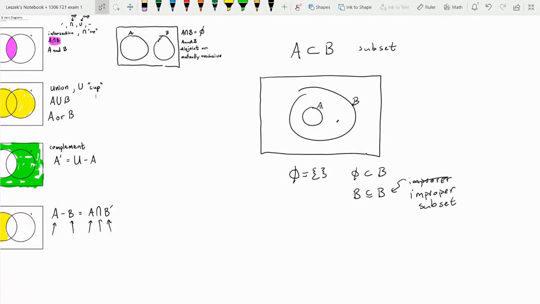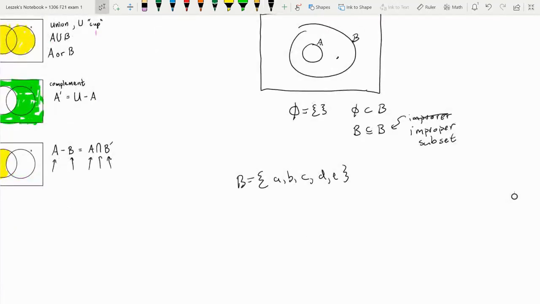A set is just a collection of objects. So both of these are sets, but a subset is just a sub-collection of a bigger set. If set B contains the letters A, B, C, D, E, that's a set of letters. To create a subset, it's just a sub-collection.